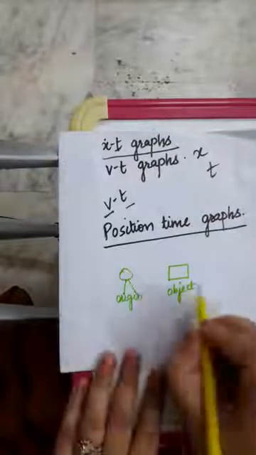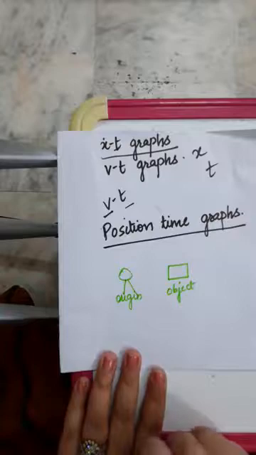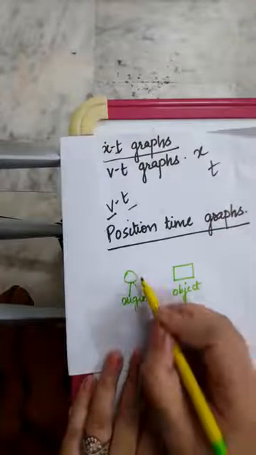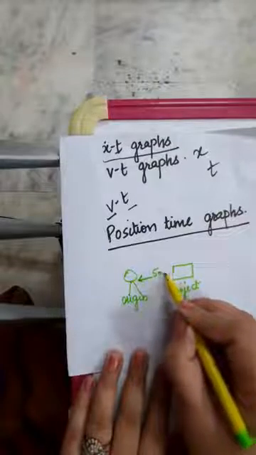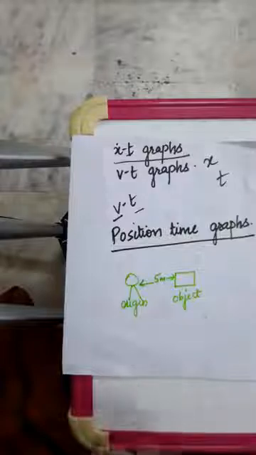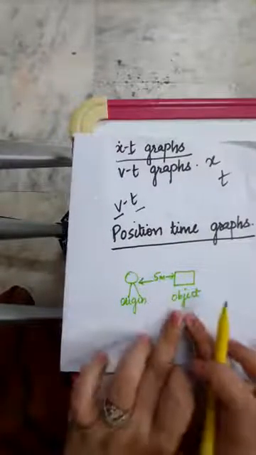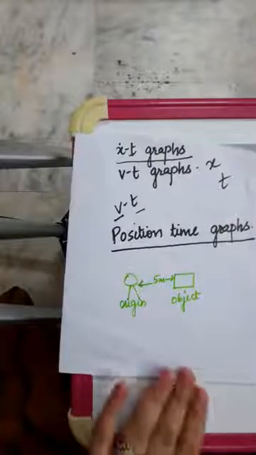So right now, case number 1, this object is stationary. Suppose the initial distance between both of them is 5 meters or 10 meters or so. For as long as this object is stationary, how will its position time graph look?